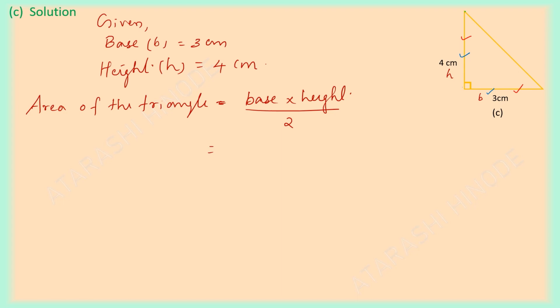That is equal to 3 centimeter into 4 centimeter divided by 2. 3 fours are 12 centimeter square divided by 2. 12 divided by 2, that is 6. Therefore, this will be 6 centimeter square. So area of this triangle is 6 centimeter square.